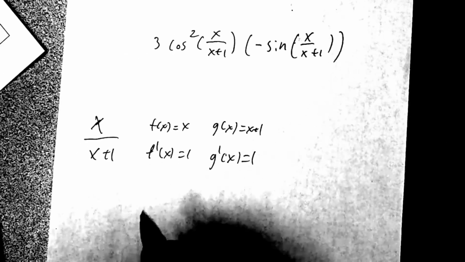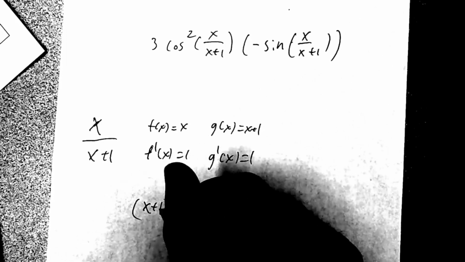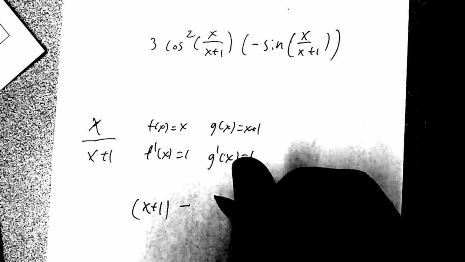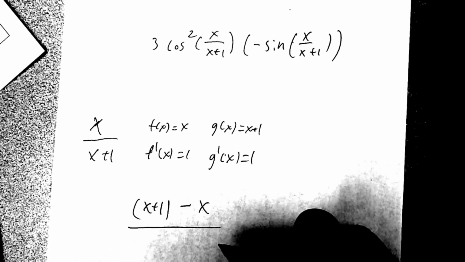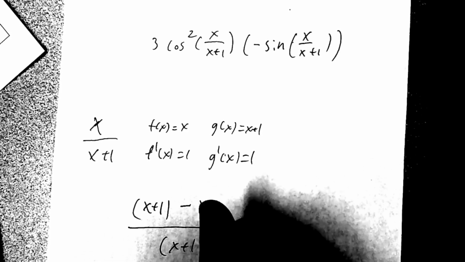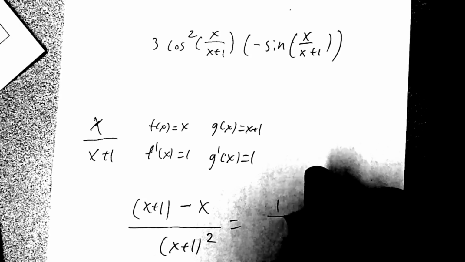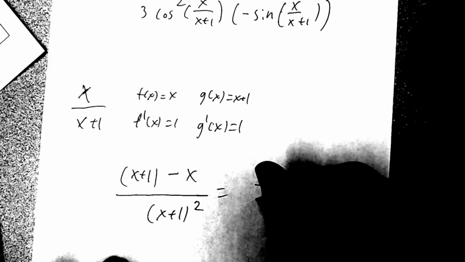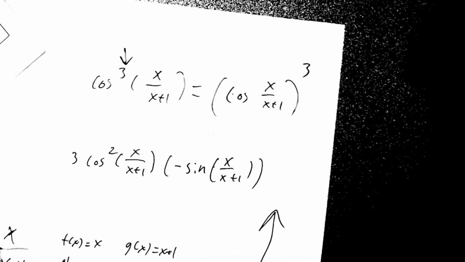And then using the rule, we're going to have x plus 1 times 1, minus x times 1, all over x plus 1 squared. That just is 1 over x plus 1 squared, because that x minus that x will go to 0. And that will go here.